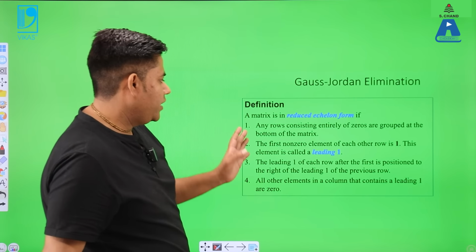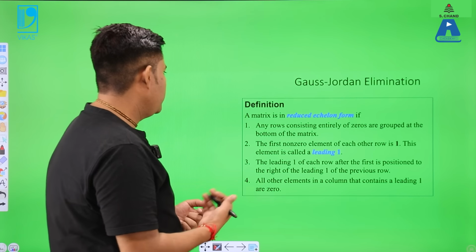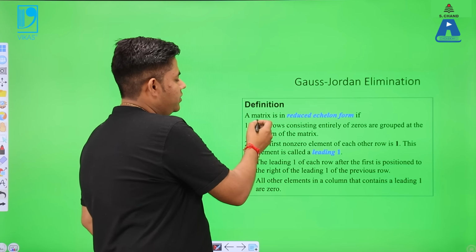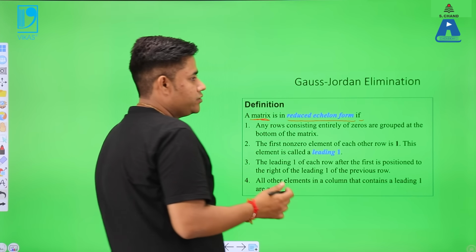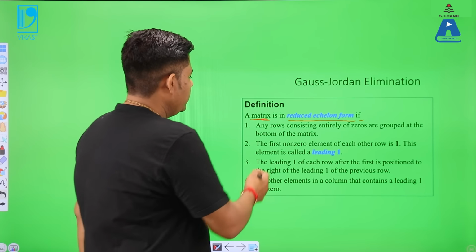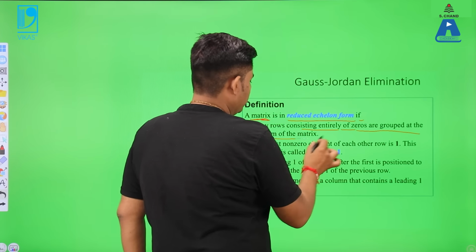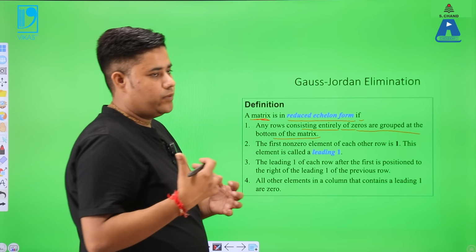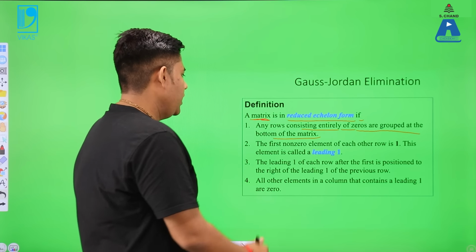Now the method that we have understood so far is the Gauss-Jordan elimination method. And the definition is that a matrix is in reduced echelon form. Reduced echelon form means what? That any row consisting entirely of zeros is grouped at the bottom of the matrix.